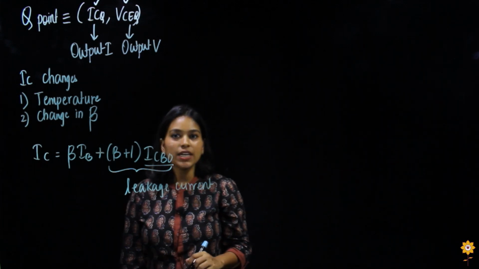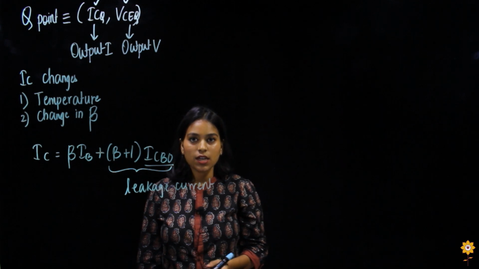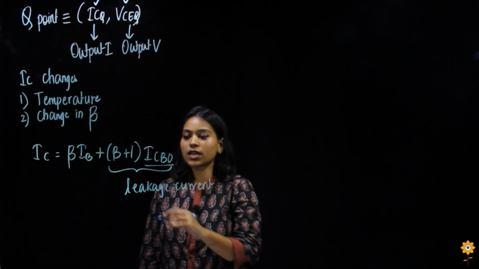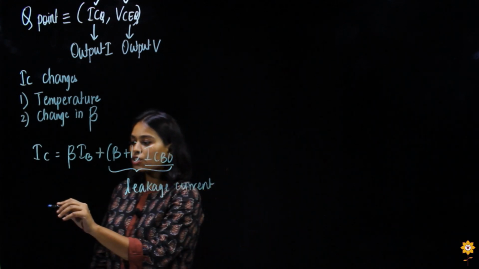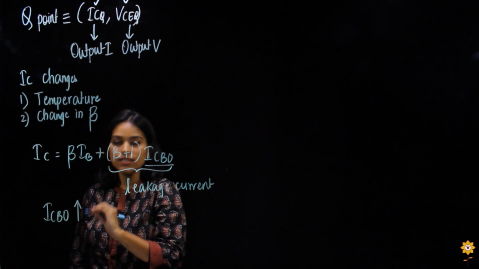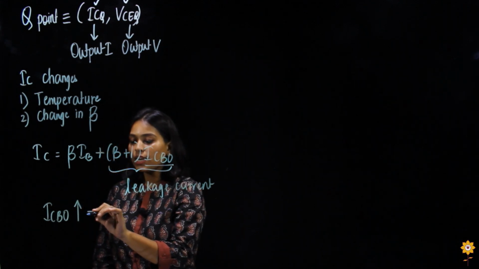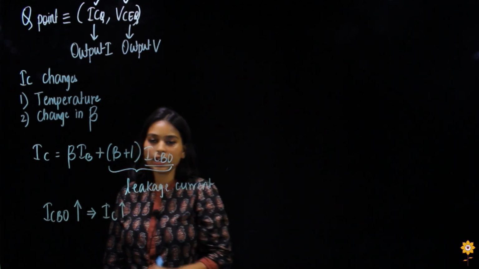If temperature increases, the minority charge carriers increase, and because of that the leakage current starts increasing. If the leakage current, which is ICBO, increases, it will increase the value of IC, right?